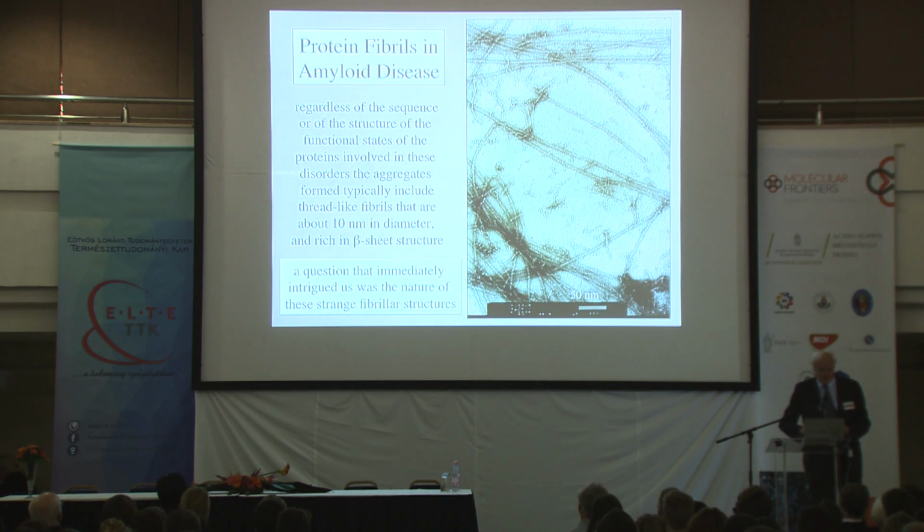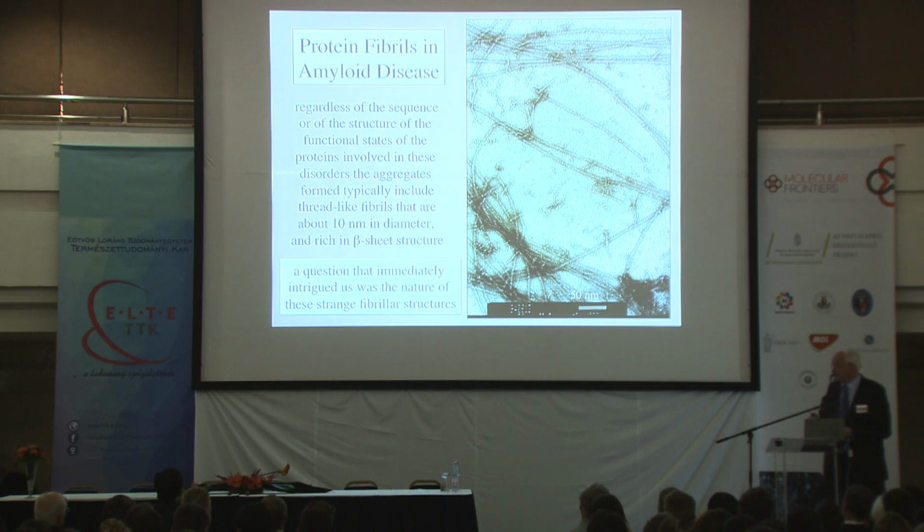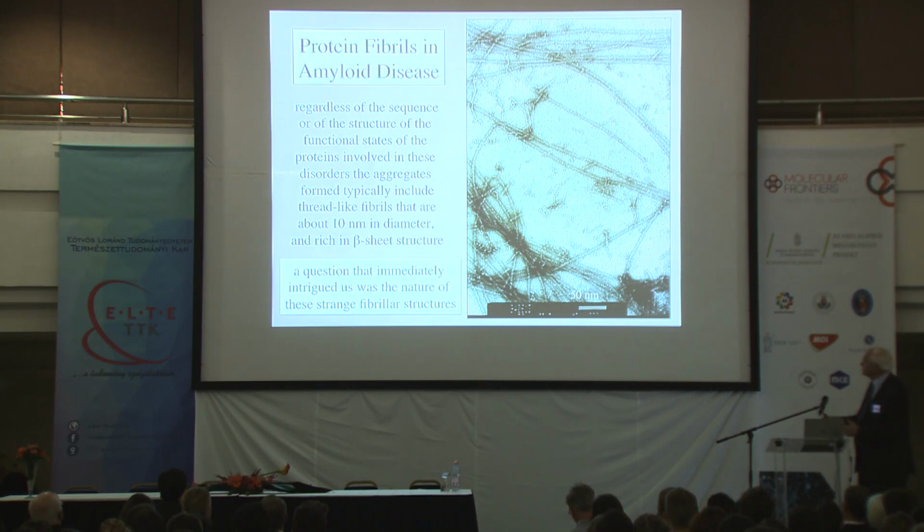So the first question I want to ask is, what are these deposits like when you get them in these diseases? Well, whichever disease you take, if you extract the deposits, whether it's from the brain or from the liver or from the joints or whatever, and look at them under the electron microscope, the aggregates contain large amounts of these fibrillar structures.